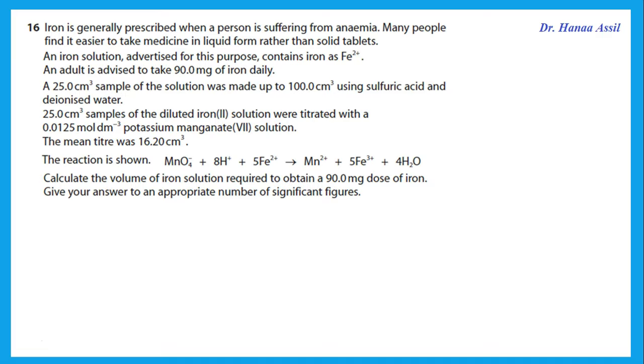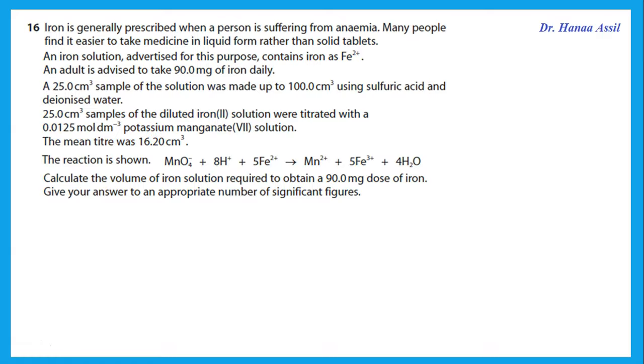Calculate the volume of the original solution required to obtain a 90 milligram dose of iron. So we had that original 25 centimeters cubed of the iron 2 solution. How much should I take of it in order to take 90 milligrams of iron?